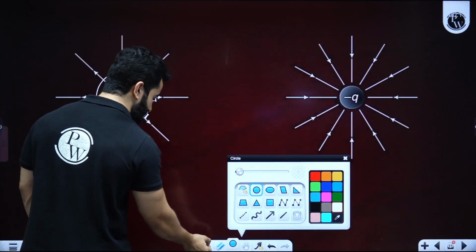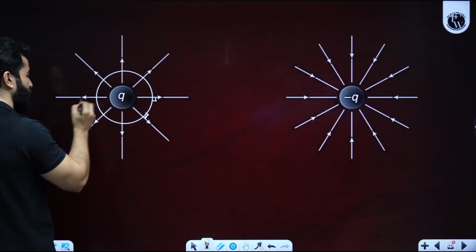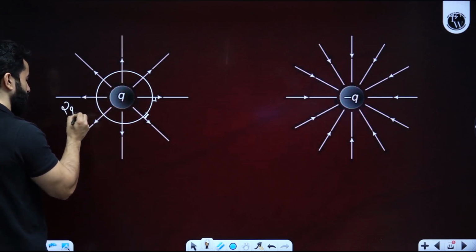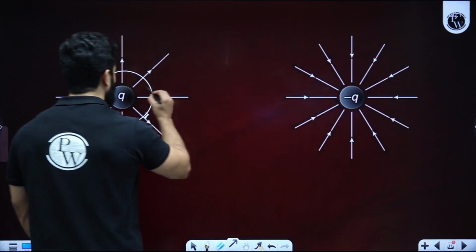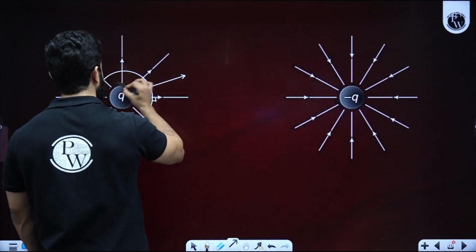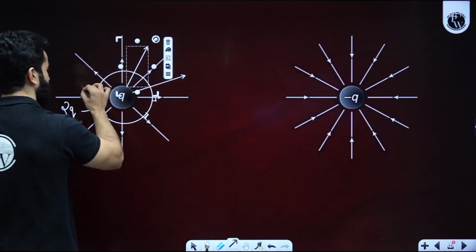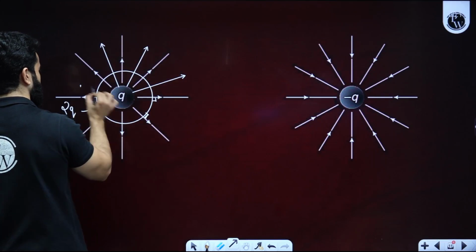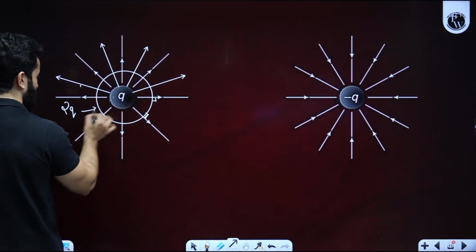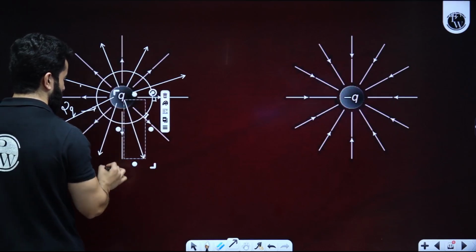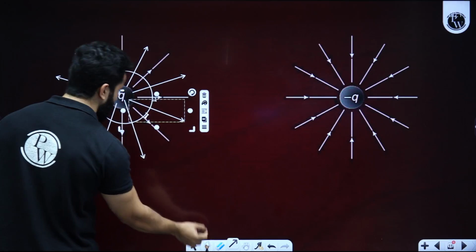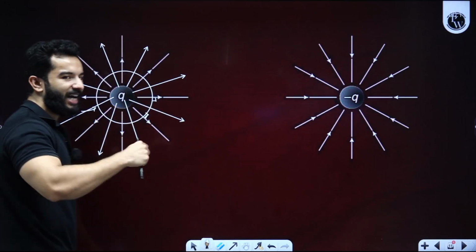Now let's suppose that instead of Q, I have got 2Q charge at this point. What's going to happen is that instantly the number of field lines will get doubled. So now the number of electric field lines passing through this area has doubled.